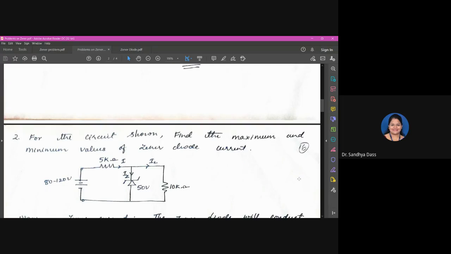Note down all the given points there, and observe what is asked. First, observe what is given and what is asked, and see whether you can try.